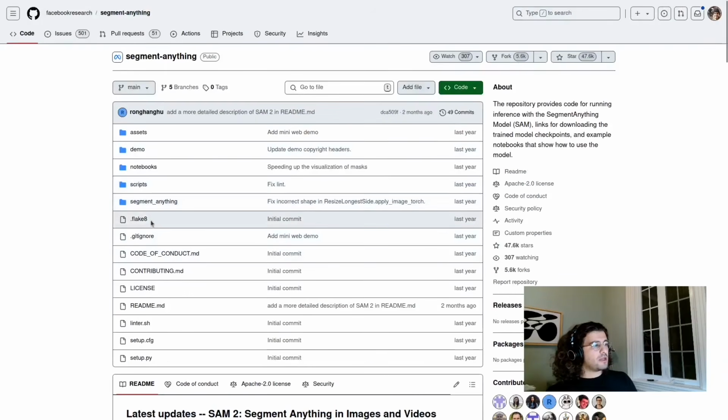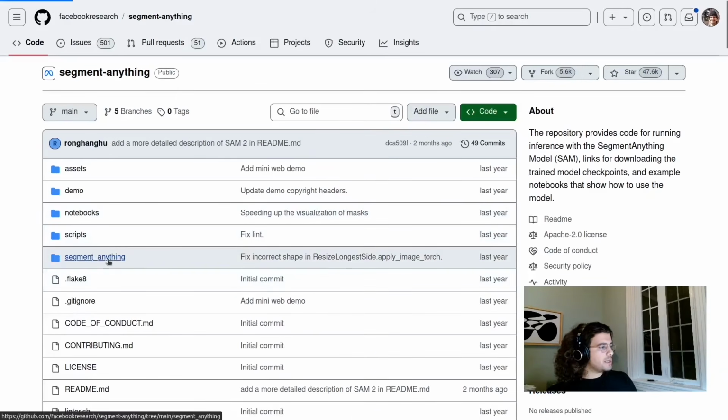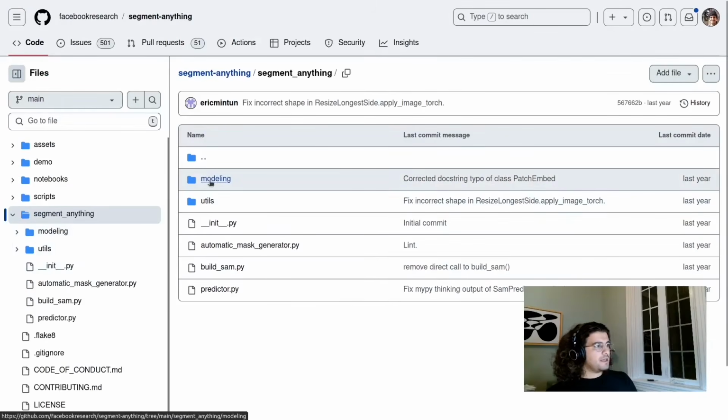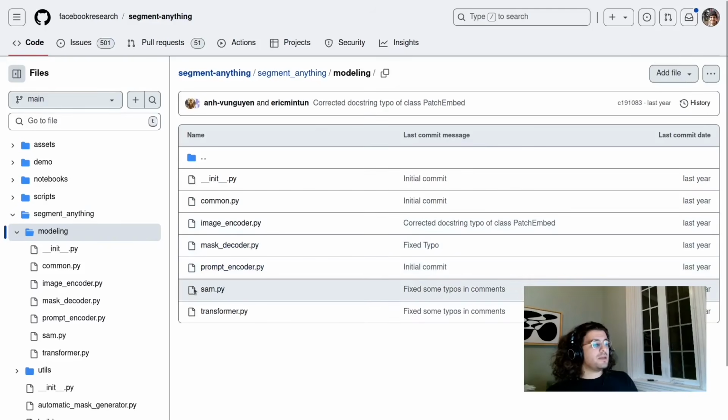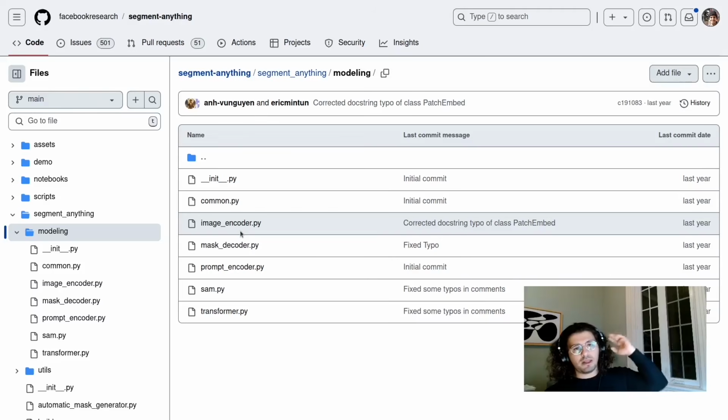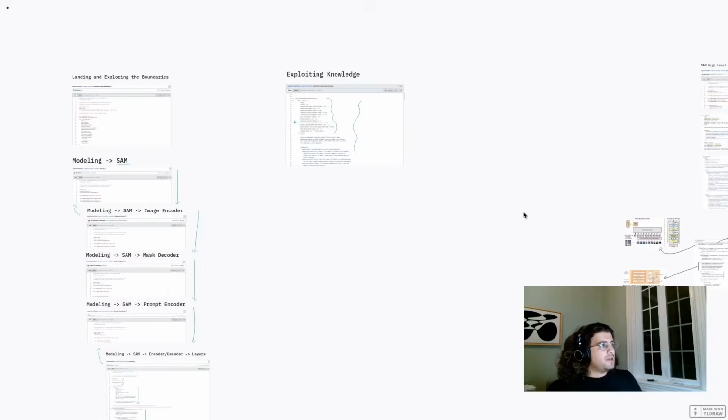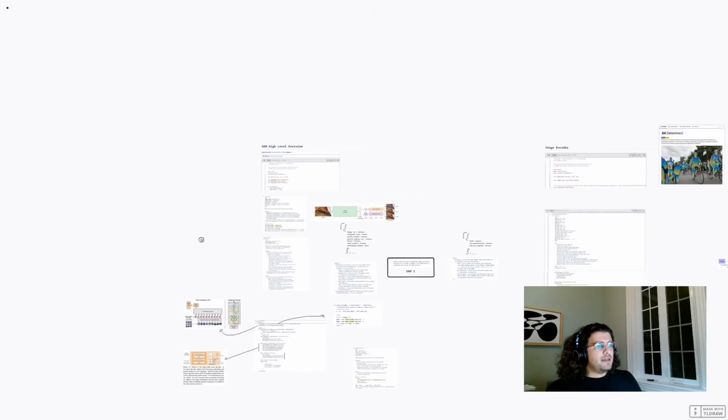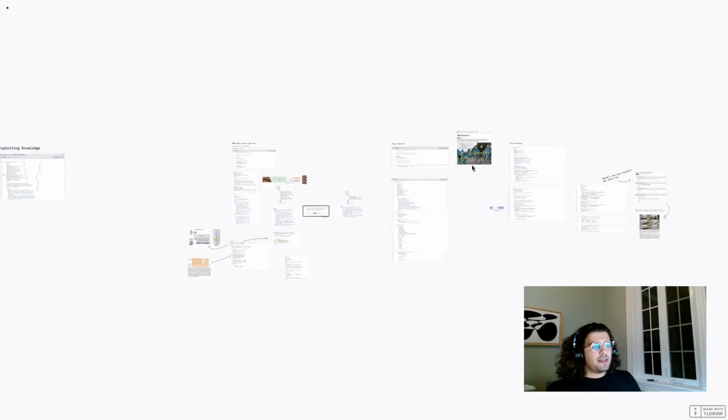But what we're going to look at today is mostly over here in the modeling section. We're going to look mainly at SAM, the prompt encoder, the mask decoder, and the image encoder code. I just split them up and put them into a whiteboard type of application, and we're going to go over them one by one.